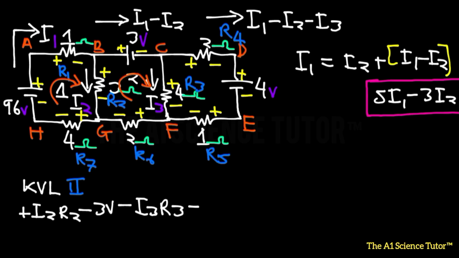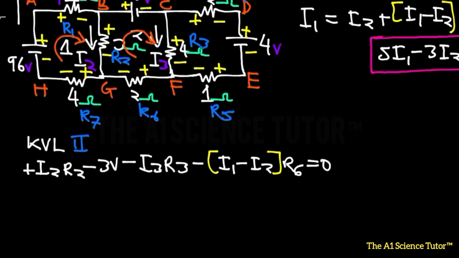So that will be minus, I'm going to represent this in brackets, I1 minus I2, multiplied by R6. So that's it. We just got 4 elements within the second loop, so all these have to be equal to 0.